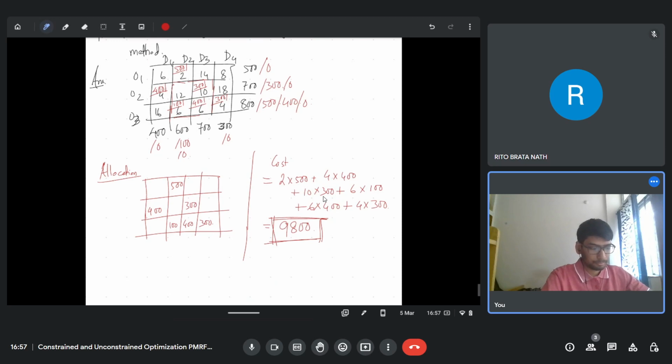Before that, even Vogel's approximation method will show you another way of generating an initial basic feasible solution. From that point onwards, you can use a technique directly related to the dual variables, so you can derive it, and I think that was shown in the class.